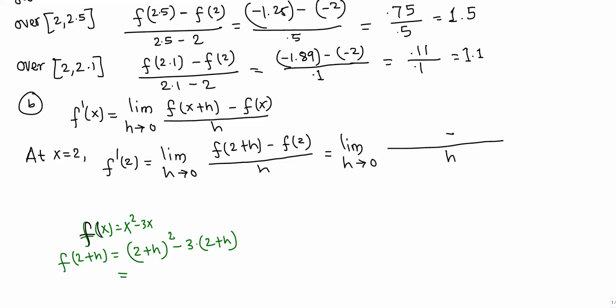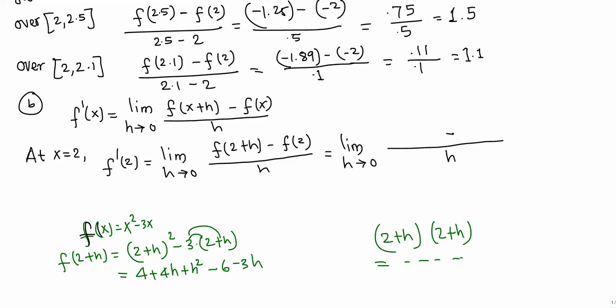Now (2 plus h) quantity squared is not simply 2 squared plus h squared, that's wrong. We need to multiply 2 plus h by itself. 2 plus h times 2 plus h, FOIL, then you get 4 plus 4h plus h squared. Minus, distribute 3 times 2, 6, minus 3 times h, minus 3h.